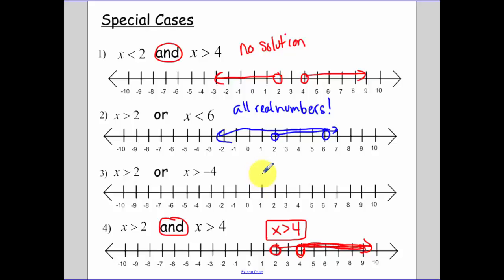Now another one: greater than 2 or greater than negative 4. Which solutions make one or the other one true? All of these numbers between negative 4 and 2 are a possible answer for one or the other one. Negative 3, negative 2, negative 1, all these numbers in here are definitely greater than negative 4. So our answer here would be greater than negative 4.